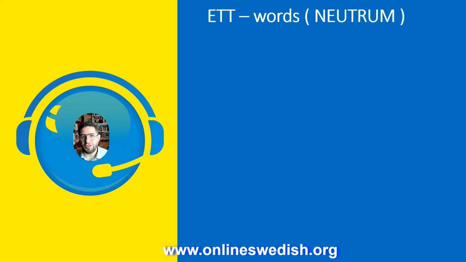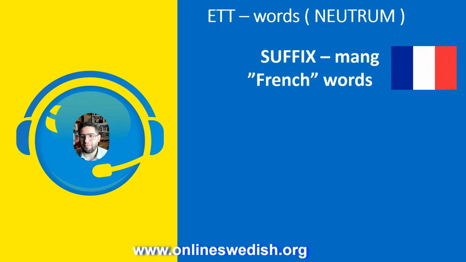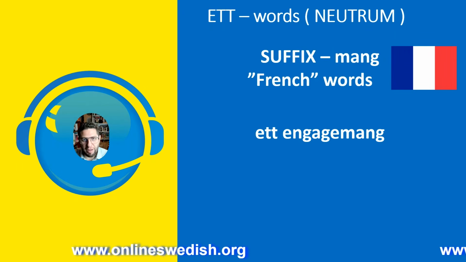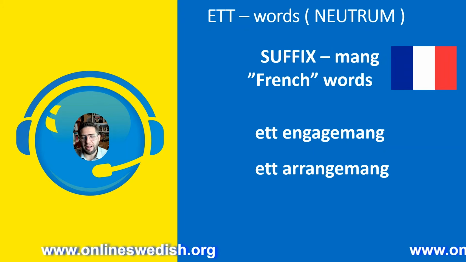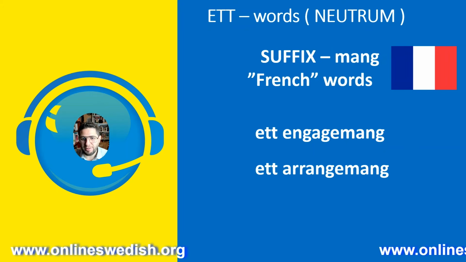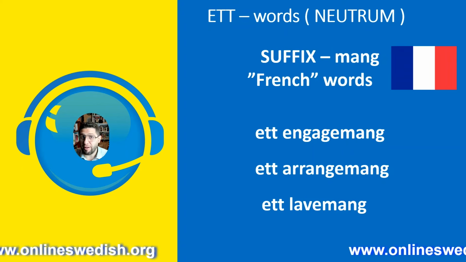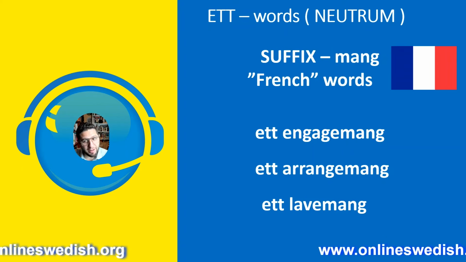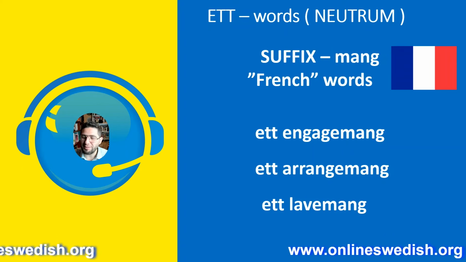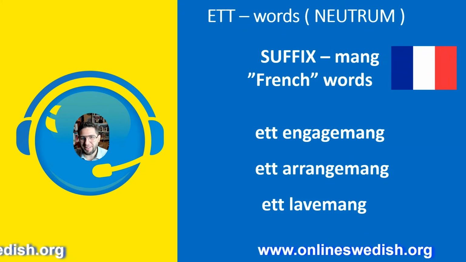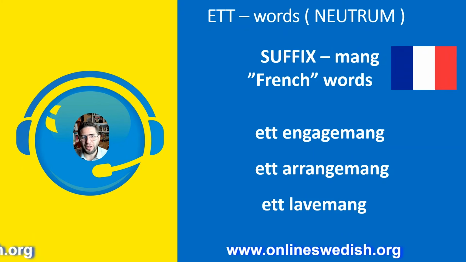So the French suffix continues. We have engagement, arrangement, they are ett-words. And then we have my favorite, ett lavement. If you don't know what lavement is, please find it in the dictionary, and probably you understand why it's my favorite word.